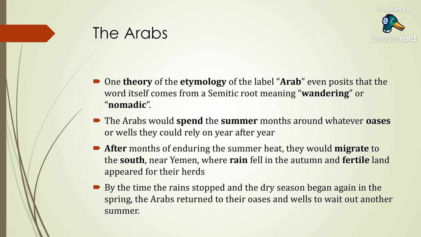And after that, when the autumn comes, they migrate to the south, where rain would fall, and they would get fertile lands, and they could rely upon their sources. By the time the rain stopped and the dry season began again, they moved again to the oasis they moved from earlier, and that was the whole year's routine.